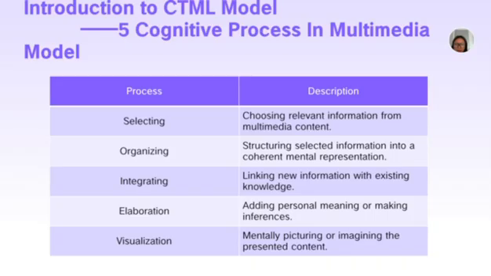Because the amount of information is usually large in multimedia learning, students need to consciously select the most relevant content for the current learning task. Through this selection, students can focus on core knowledge and avoid information overload.